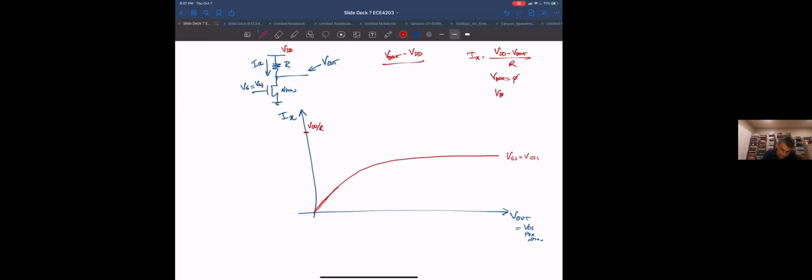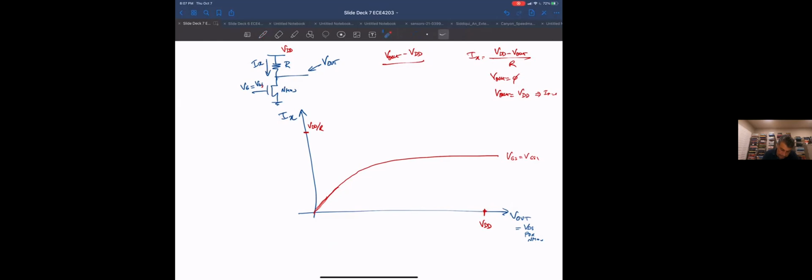And when V out is VDD, IX is equal to 0. So the current is going to be 0 there.